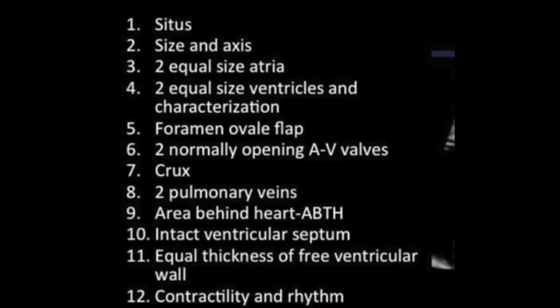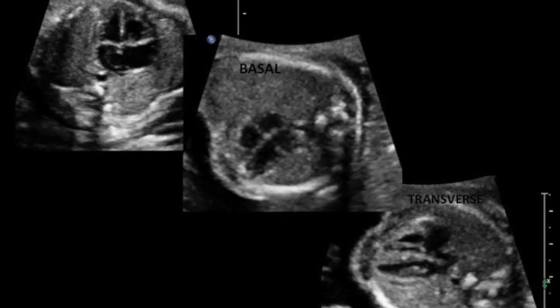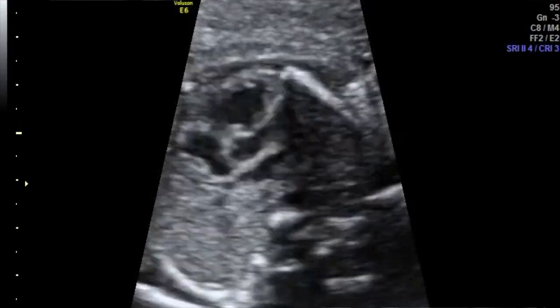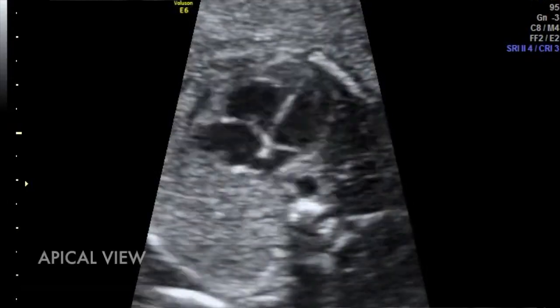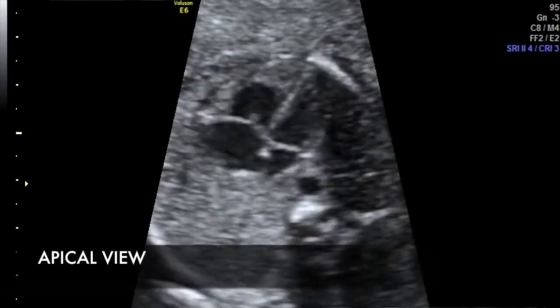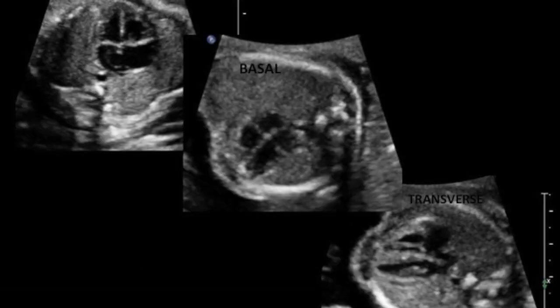So what are the types of four-chamber view? There are three types of four-chamber view according to the orientation of the fetus to the ultrasound beam. When the fetal left anterior chest wall is closest to the transducer, it is the apical four-chamber view. When the fetal right posterior chest wall is closer, then it is a basal four-chamber view.